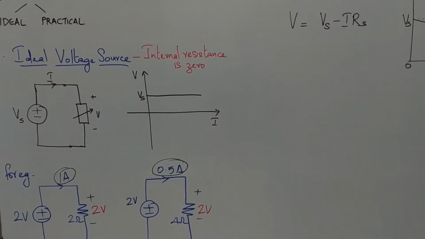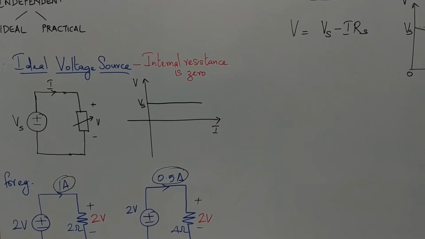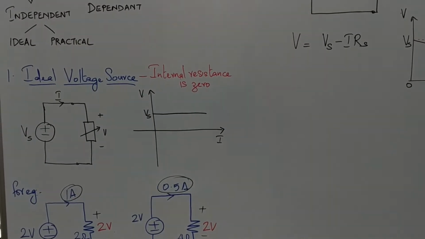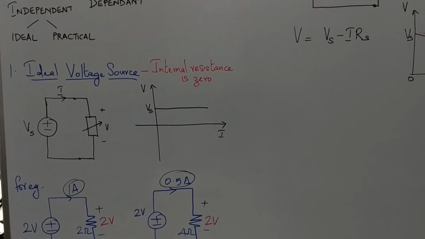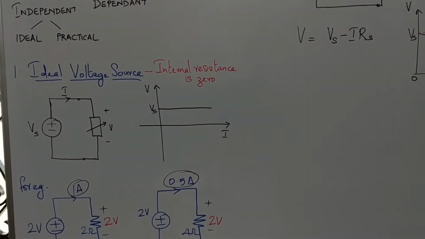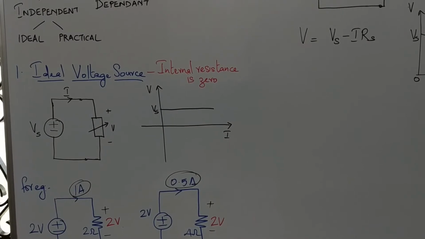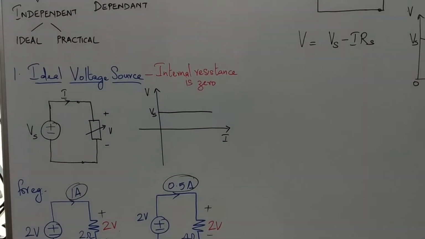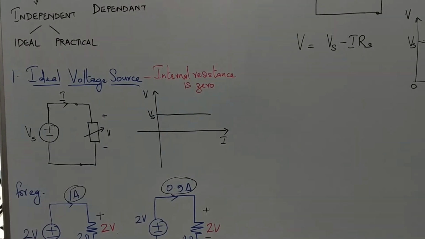The value is Vs, where Vs is the value of the voltage source. That means for an ideal voltage source, the internal resistance is 0 and there is no drop in between. That is, if you are supplying a voltage Vs, the full voltage will drop across the load.